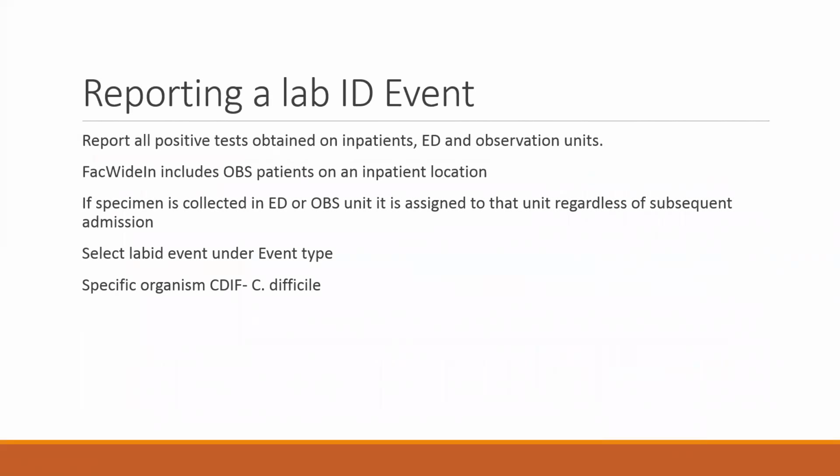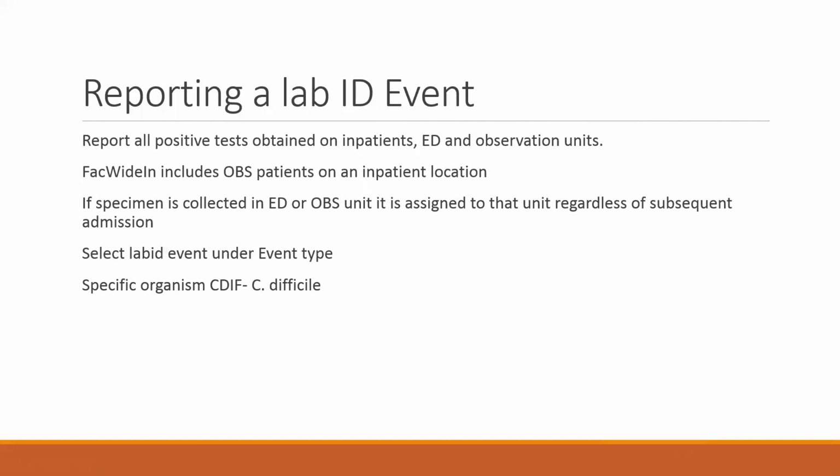I wanted to talk a little bit about reporting a lab ID event. The first thing is to report all positive tests obtained on inpatients, regardless of whether or not they come in with a positive test. So if it's an inpatient, an observation, or an ED, you would report that. I'm going to qualify inpatient because you'll see in my next bullet that the FACWIDEIN includes OBS patients on an inpatient location.